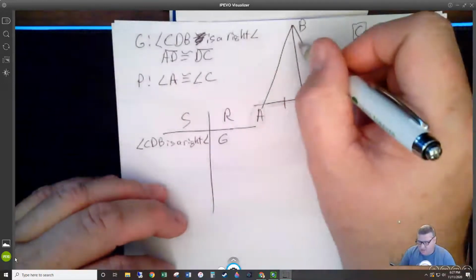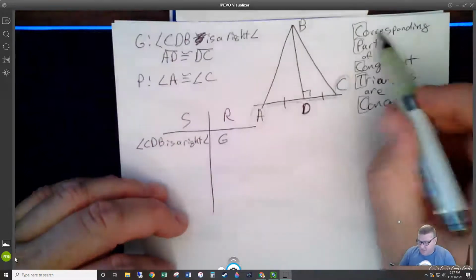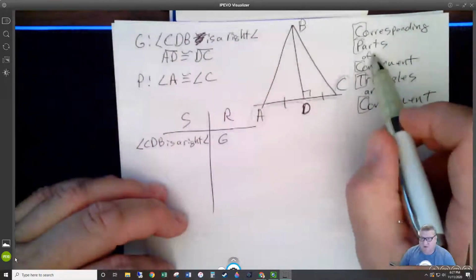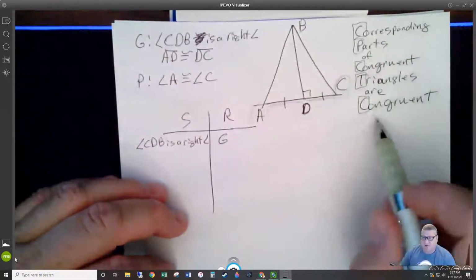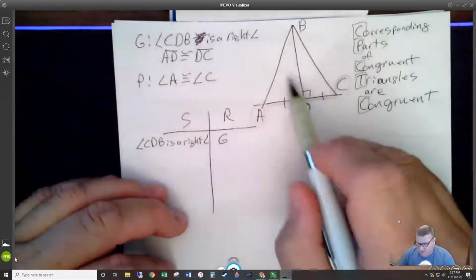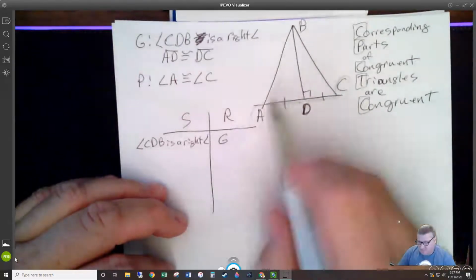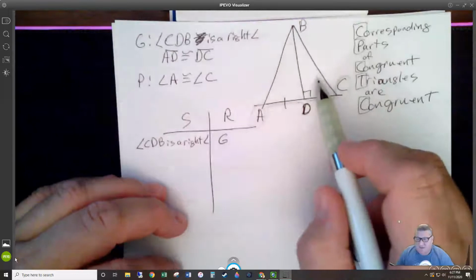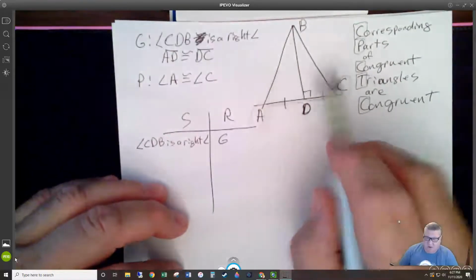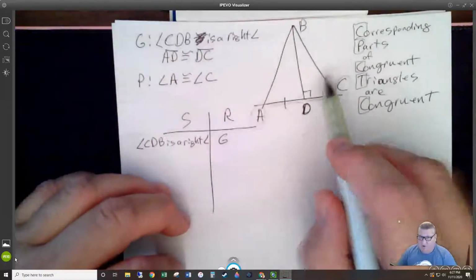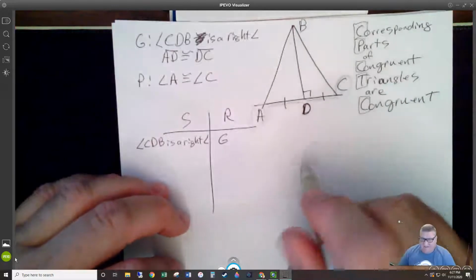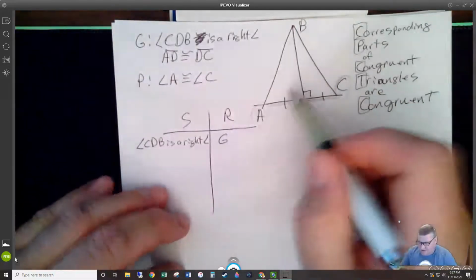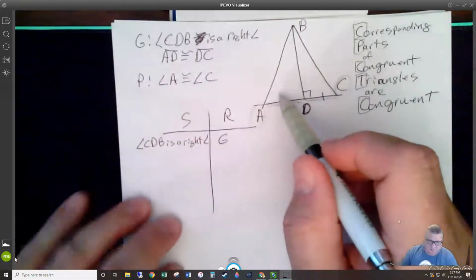This angle here would correspond to this angle here. And we have a phrase called corresponding parts of congruent triangles are congruent, which means if I can get the left half congruent to the right half, all the parts on the left and all the parts on the right are congruent to each other. So instead of proving all 6 pieces, let's just get enough to prove the triangles congruent.